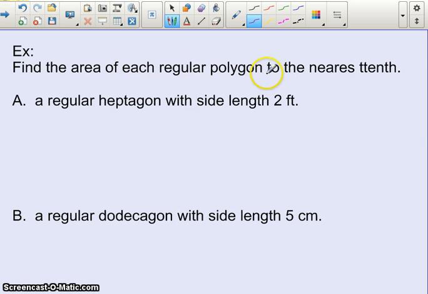Alright, find the area of each regular polygon to the nearest tenth. Regular heptagon with side lengths of 2 foot. So a heptagon is going to have 7 sides. Each of those sides are 2 foot. So that's going to be 14 foot for the perimeter.